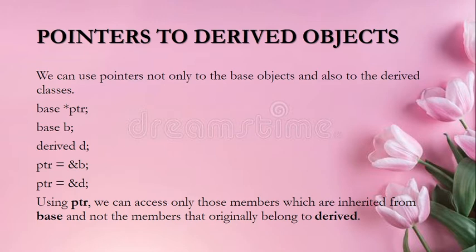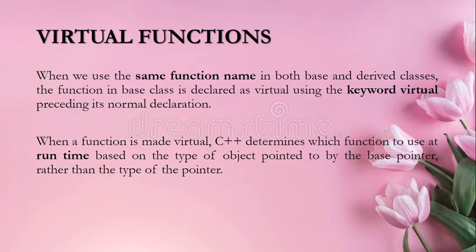To access the derived class's member function using the base class pointer, I have to introduce a concept called virtual. Only using virtual can I achieve this polymorphism. Here it says when we use the same function name in both base and derived classes, the function in the base class is declared as virtual using the keyword virtual preceding its normal declaration.